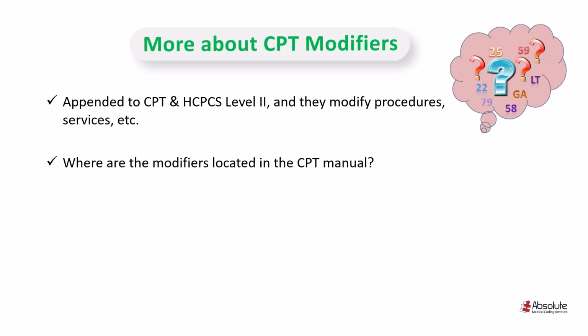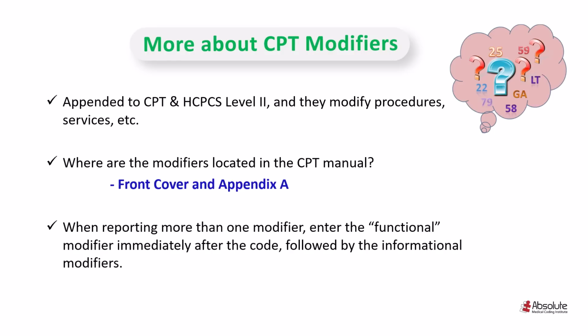Where are they located? They're in your CPT manual. If you open up the front cover, it's on the other side of the front cover. Also, they're in Appendix A of your CPT manual, and the full definition of each modifier is located in Appendix A.